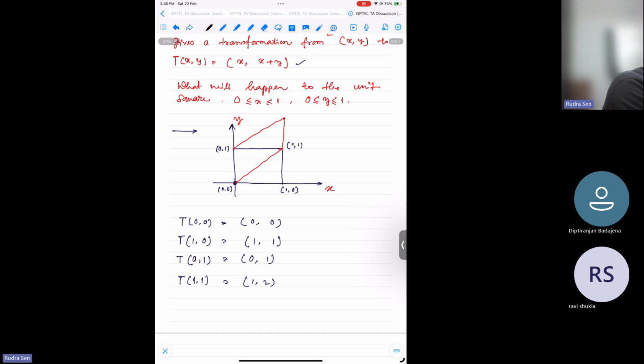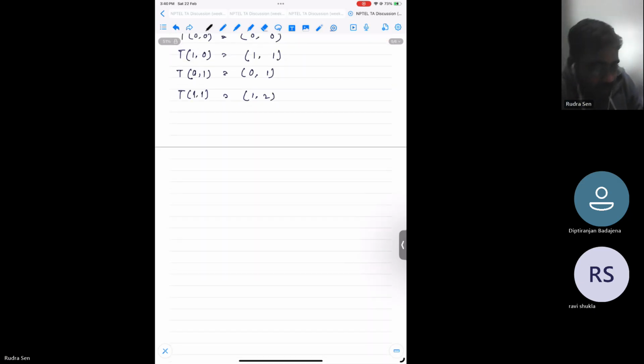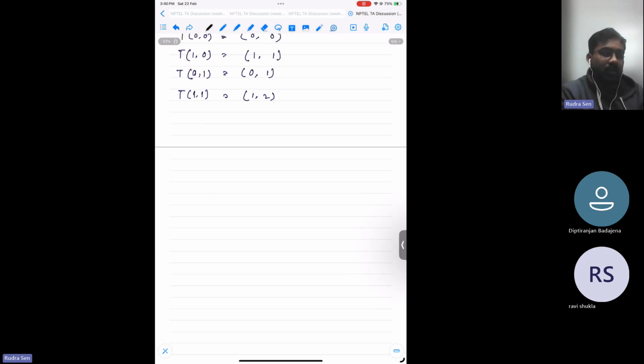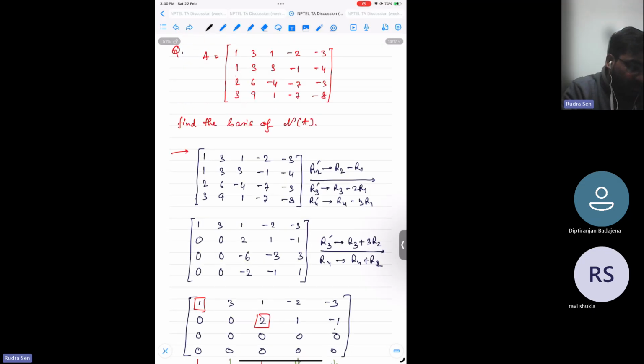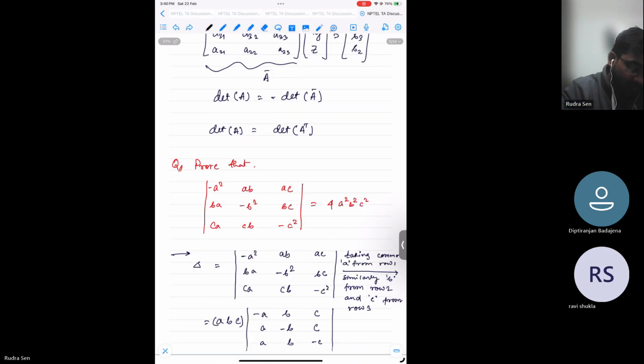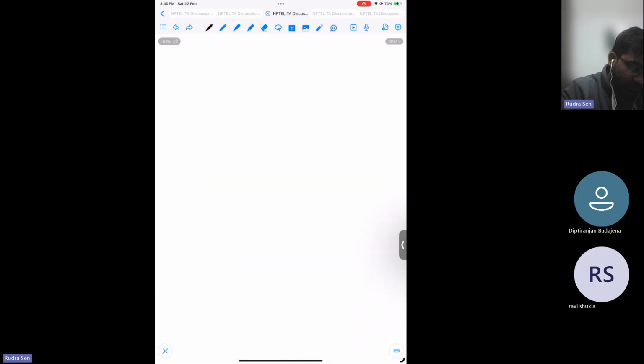In the previous discussion we considered that if V1 to Vn are the basis of a particular space V, and A is a matrix. No, it was the previous to previous discussion.